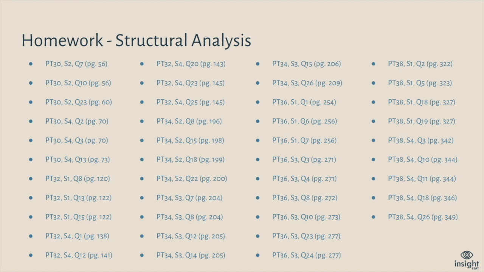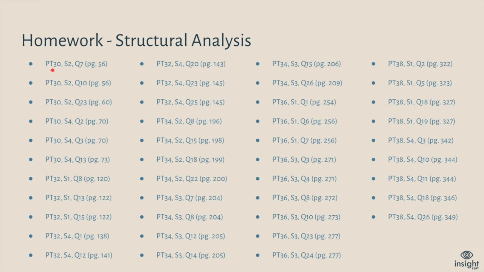And here's your homework for structural analysis. Now there's going to be a slide like this for each question type, so let me teach you how to read it. Each of these bullets is a question. It's a question of the structural analysis type. And what this says here is that this first one comes from practice test 30. Remember, all the prep tests, all the practice tests are numbered officially by the Law School Admission Council.